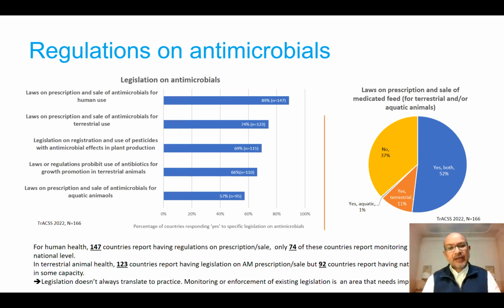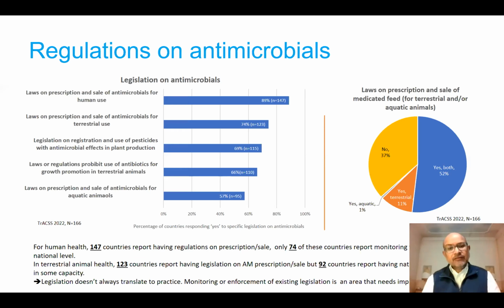So this is the good news that regulations exist, laws exist in terms of access to antibiotics and sale of antibiotics. However, when you look at whether these regulations are being enforced and whether there is a monitoring system to monitor the consumption and use of antibiotics, here we see major challenges.